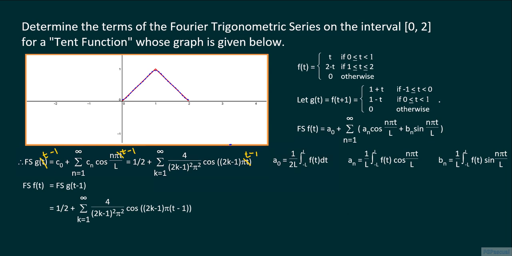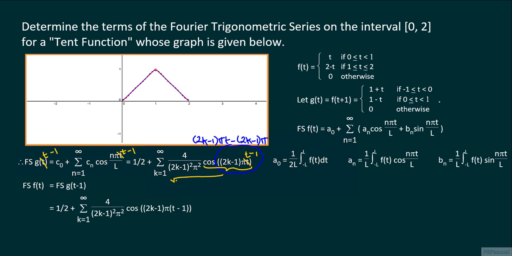We distribute the product 2k minus 1 pi to t minus 1 and find that the angle is 2k minus 1 pi t minus 2k minus 1 times pi. We use the trigonometric identity for the cosine of the difference between two angles.